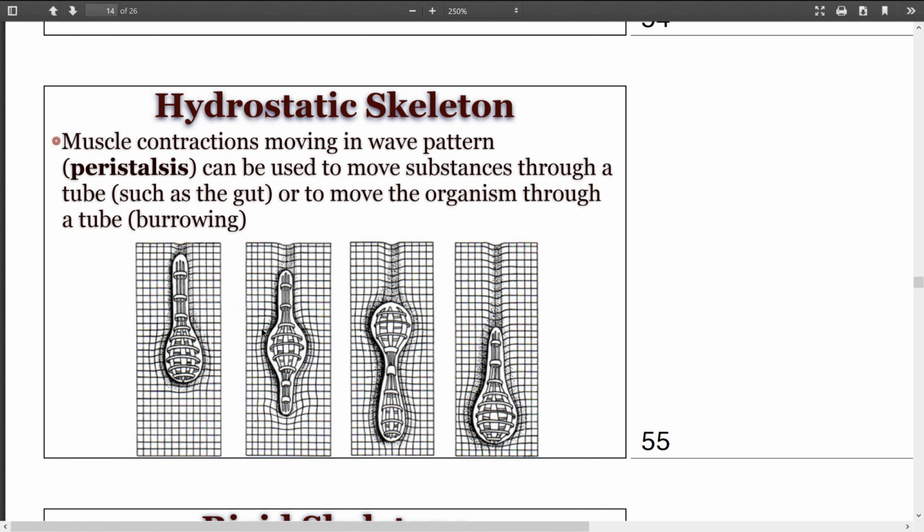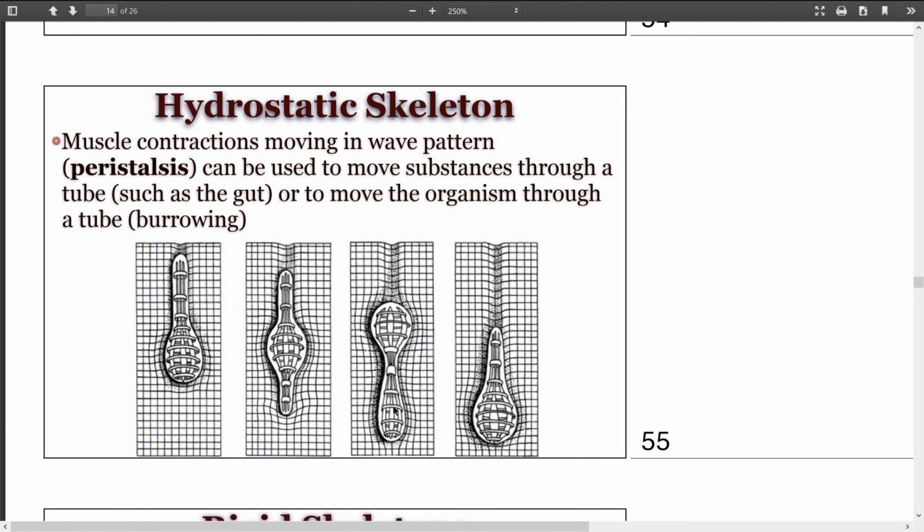So now you have the middle of the animal bulge out, while the front pushes through the substrate, and this bulge of muscle contraction pushes through the back. This acts to anchor it, while the front pushes through.